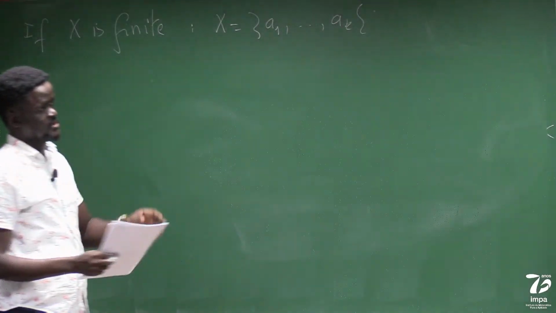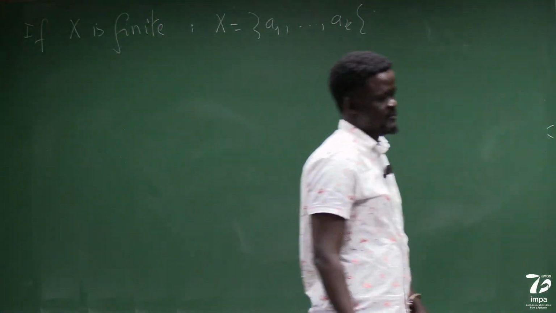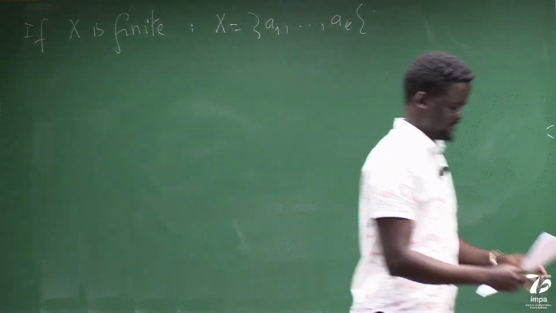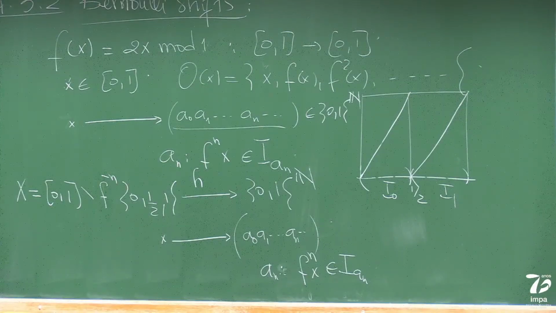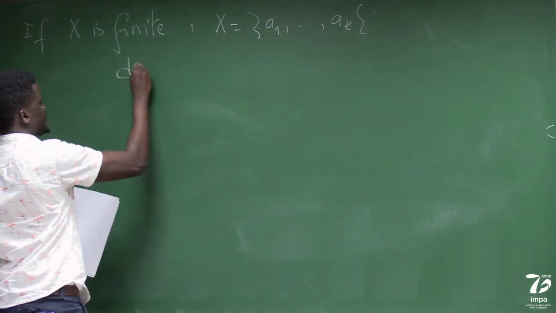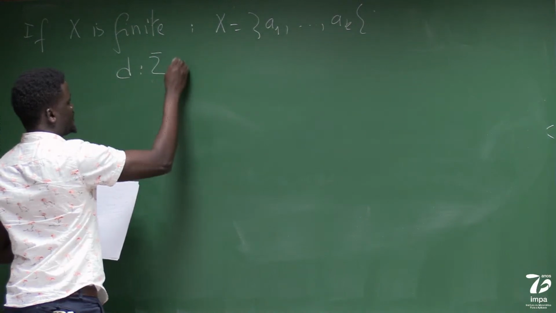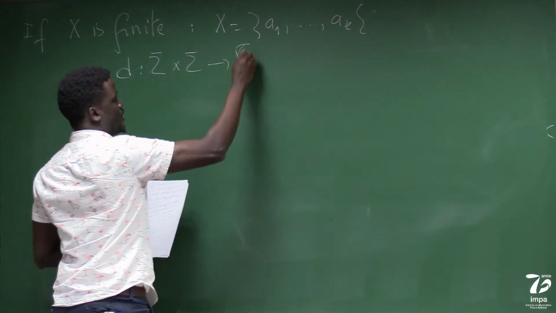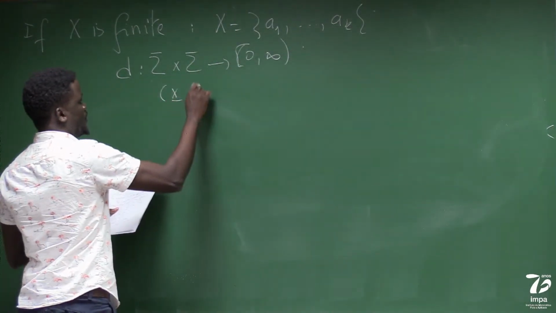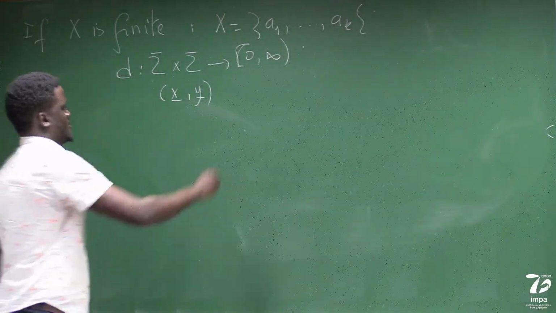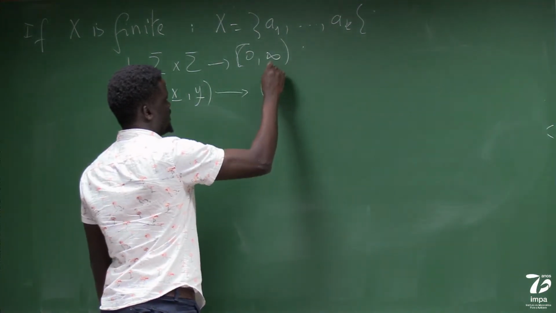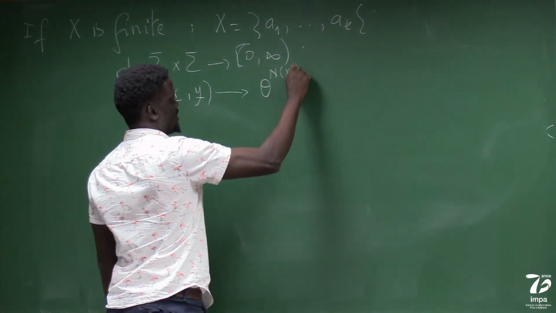Finite symbols, like in some cases where you have a finite partition and can have 10 symbols, then you can write a distance on sigma space. Defined by, if you have x, y, two sequences, that is theta to the n of x, y.